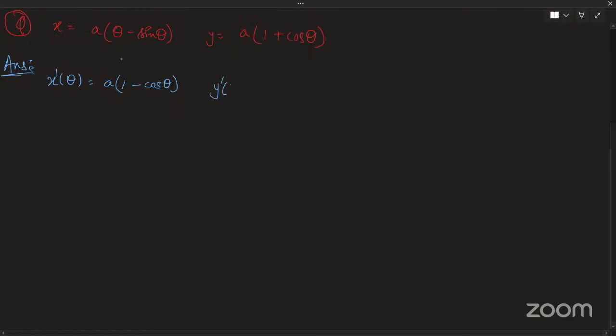So now just tell me what is the value of y dash theta? Bhavna, can you tell me what will be the value of y dash theta? How can you differentiate y with respect to theta? A is any constant. How would you do it?